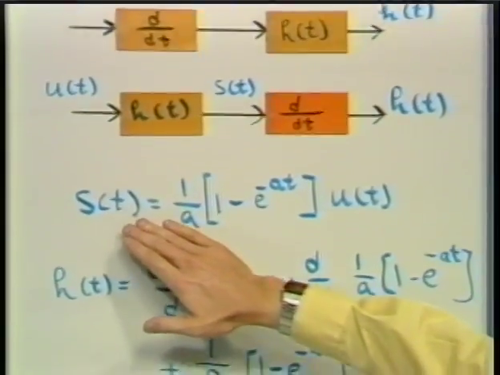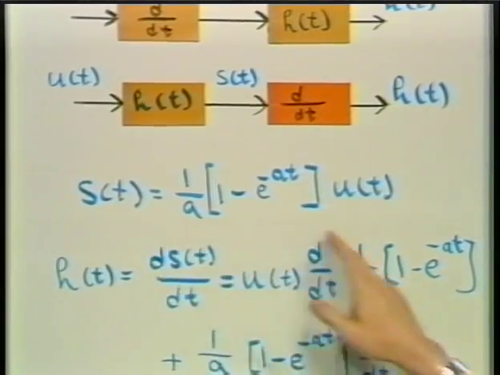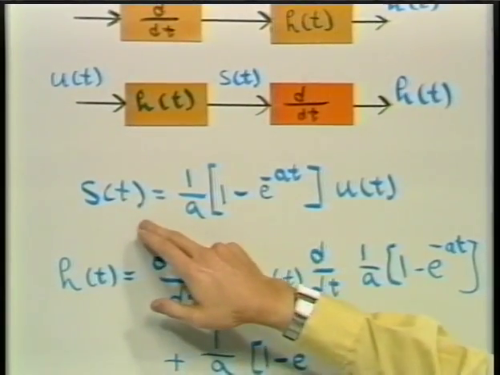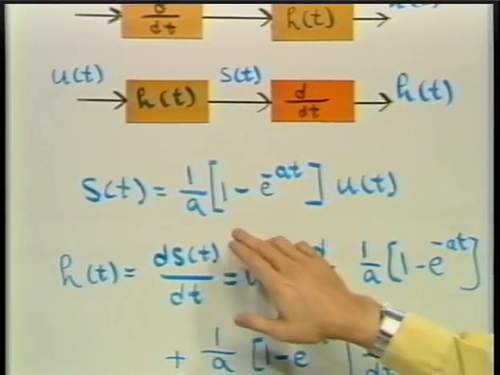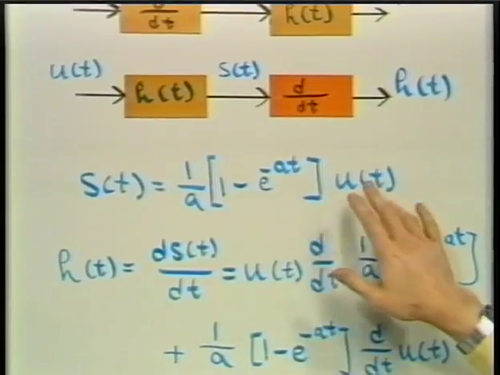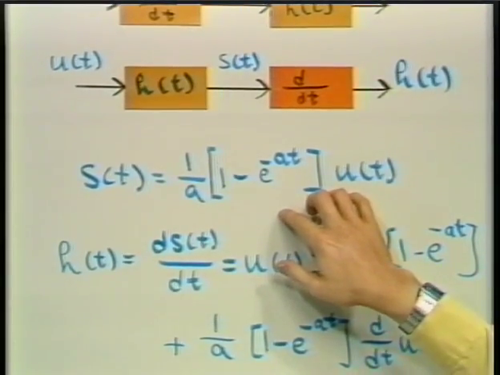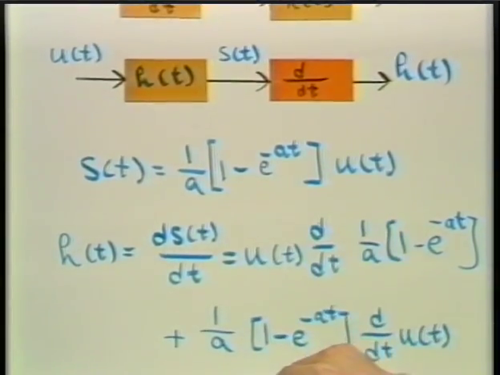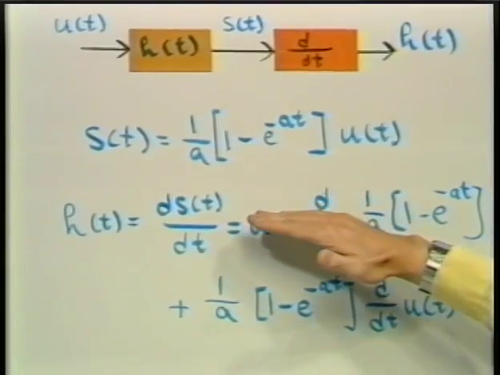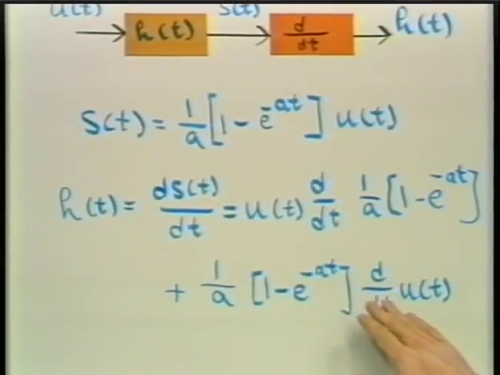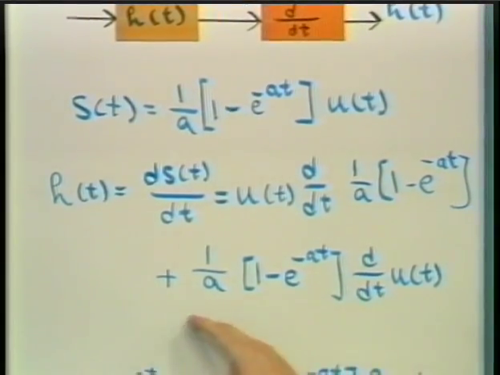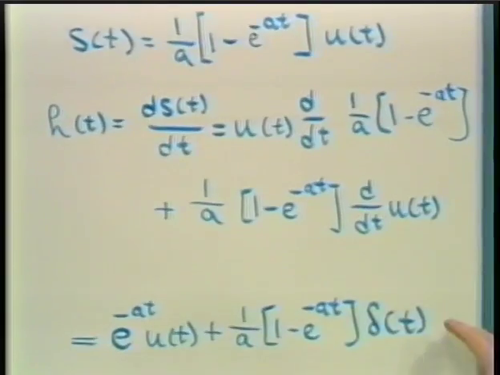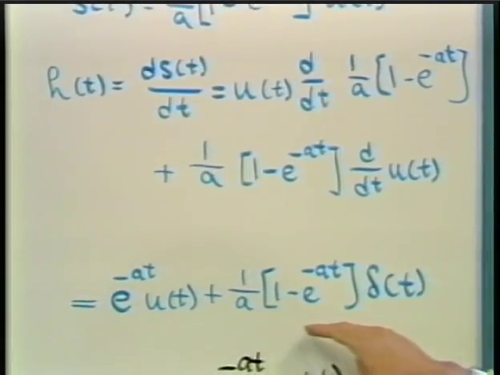Here again is the step response as we just worked it out, this time for a unit step. If we differentiate, we have then, since the step response is the product of two terms, the derivative of a product is the sum of the derivatives, and carrying that algebra through and using the fact that the derivative of the step is an impulse, finally we come down to this statement for the impulse response.